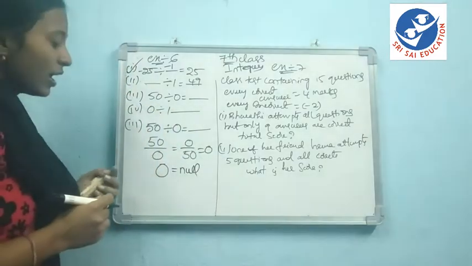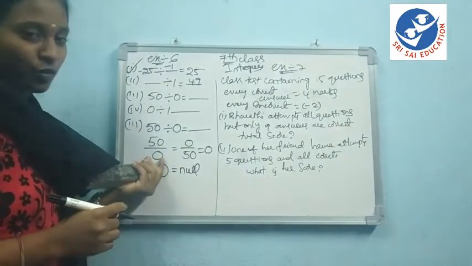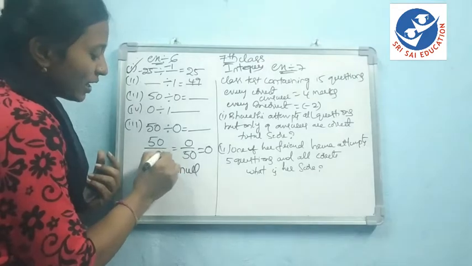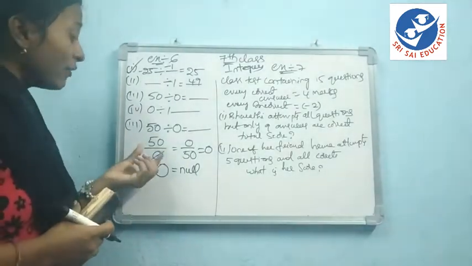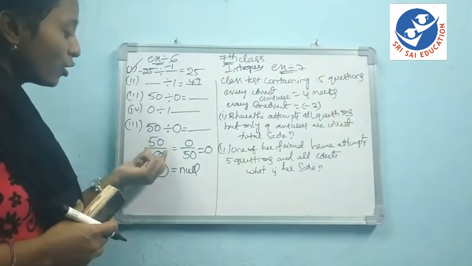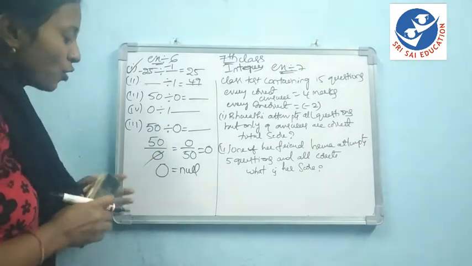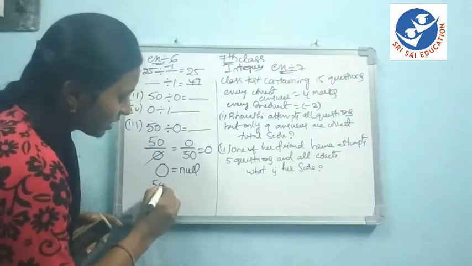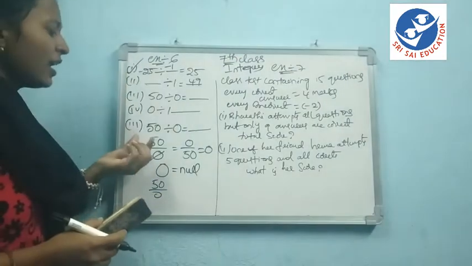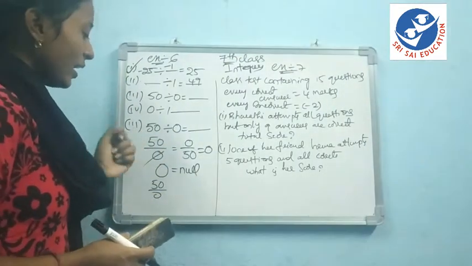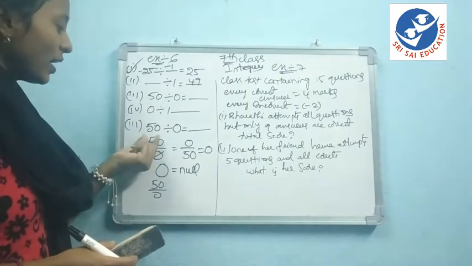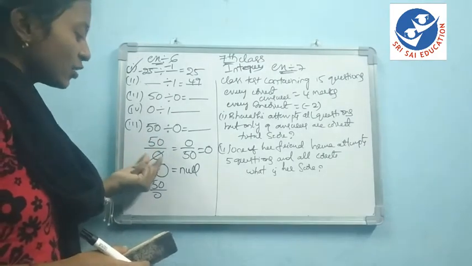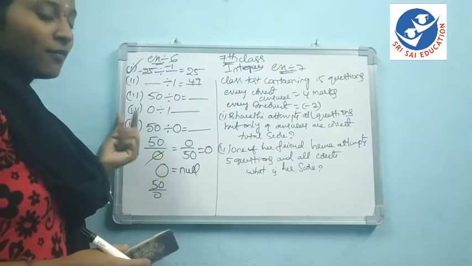So 50 by 0. This is no number. In this place, no number. So how can we multiply or divide 0 by 50? In this rational number, 50 is the numerator and 0 is the denominator.